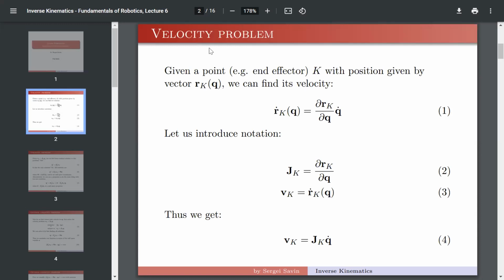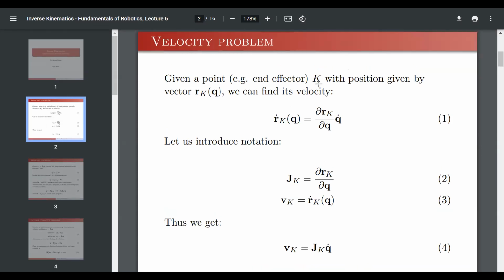So given a point, let's say the end effector, but this is true for any point. It doesn't have to be the end effector, but the end effector is what we typically work with. Given the position of the point described by a vector, we can find the velocity of this vector by differentiating. That is what we did last time.